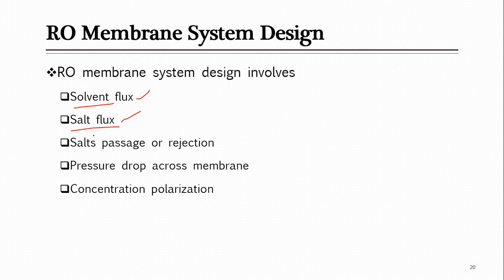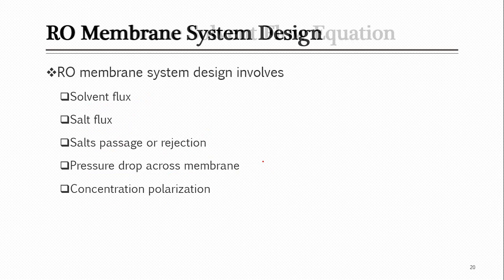And this salt flux calculation tells how much salt passed through the membrane, and then there is salt passage or rejection. These are also used in calculations. Rejection means how much was rejected, and passage means how much passed through the membrane along with the water or solvent. Then pressure drop across the membrane is also an important parameter, and finally there is concentration polarization.